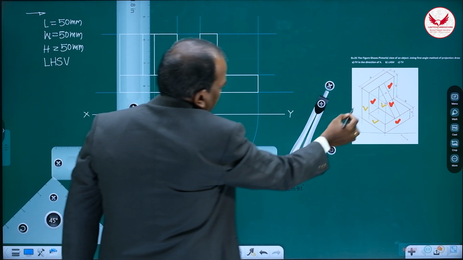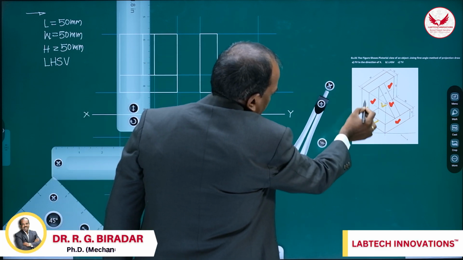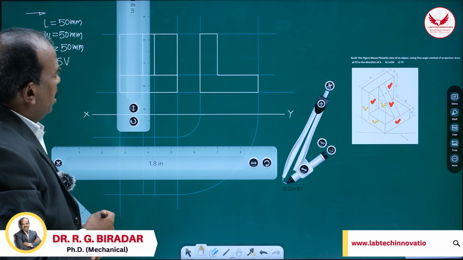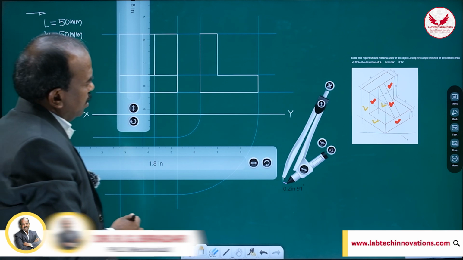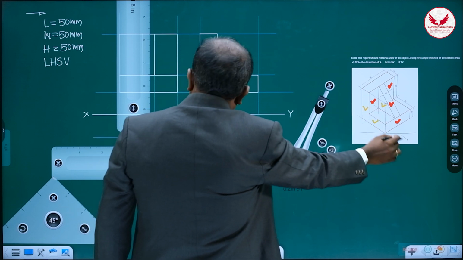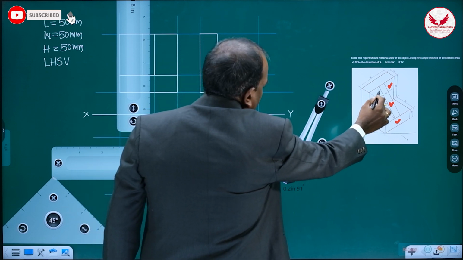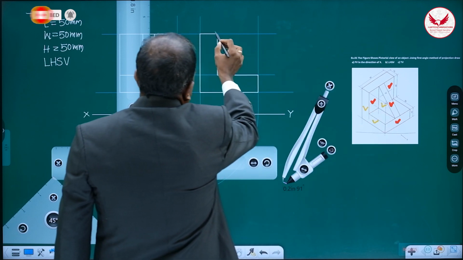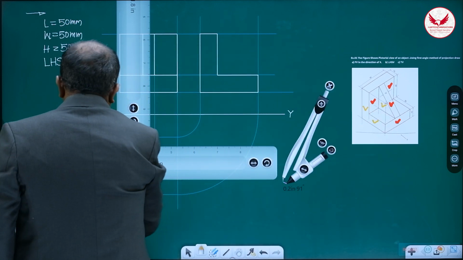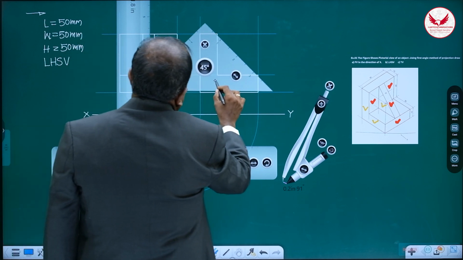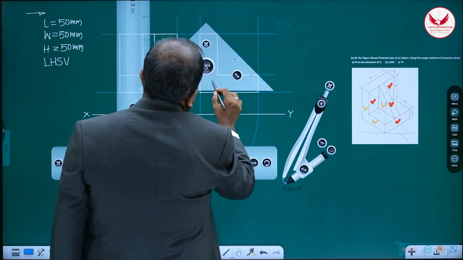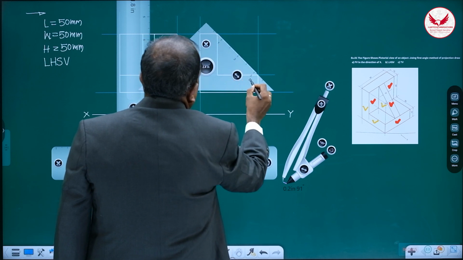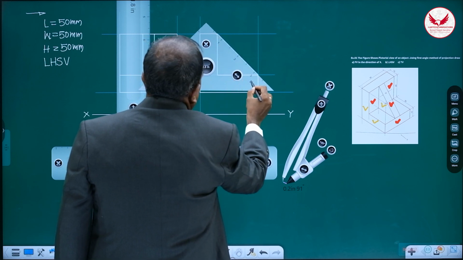So what we did, this portion, yellow color, I have marked, and then this triangular part, how it is: vertical, so directly from this point to this point, means from this corner to this corner. So it is something like this.